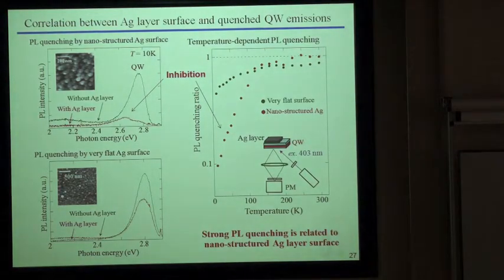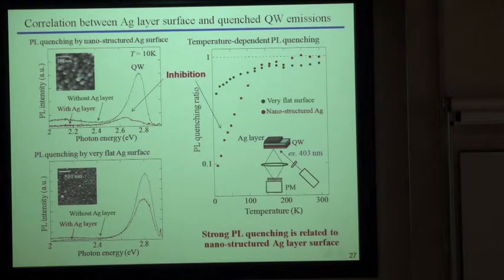One is a very smooth silver thin film, a two-dimensional thin film, and the other is a naturally self-assembled dotted silver pattern. In the case of the very flat surface, here is the photoluminescence with and without silver layers. Of course, the total intensity decreases a little bit, but the luminescence can easily be observed.